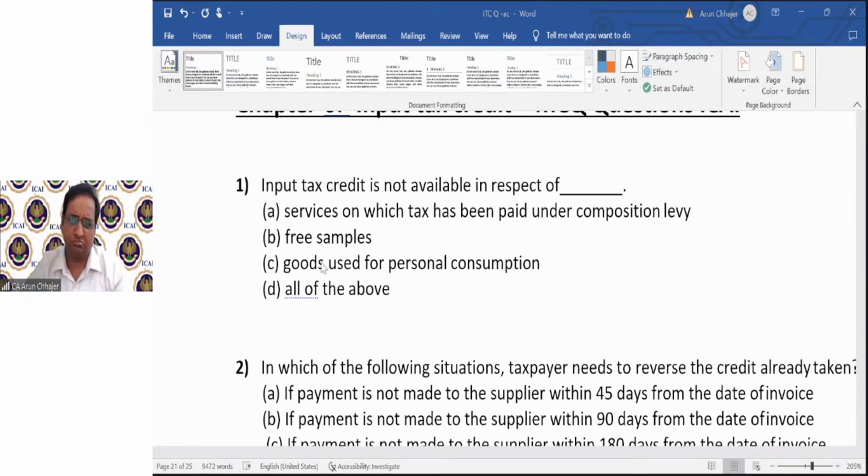Very simple question. You all can give the answer immediately. It is a very simple question.